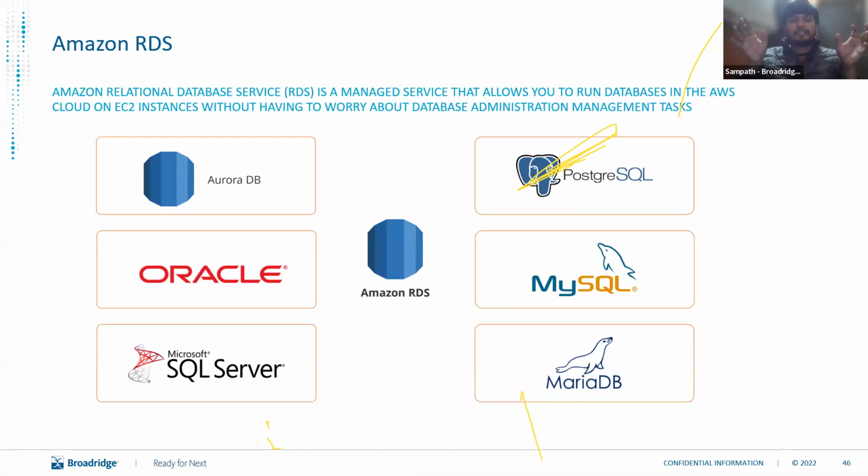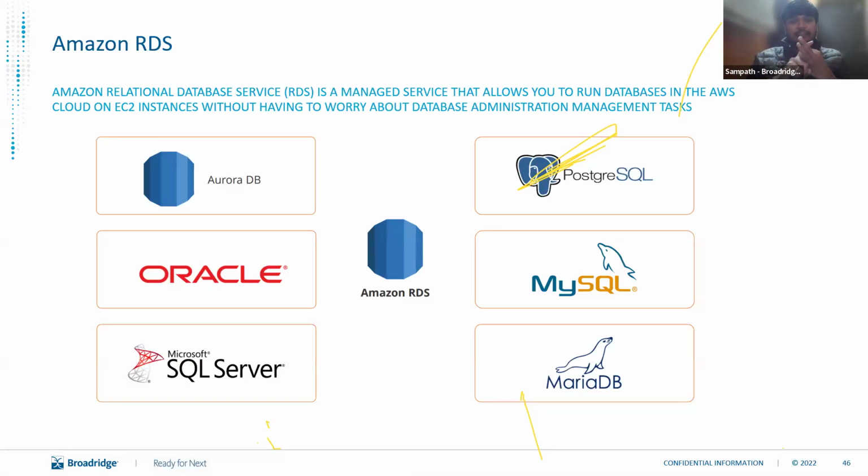So all of this, which was done manually, is now not at all being done manually. Amazon RDS provides all of these features on its own, which means replication is taken care of by them. Disaster recovery, which is copying backups and moving them into another region, is taken care of by them.